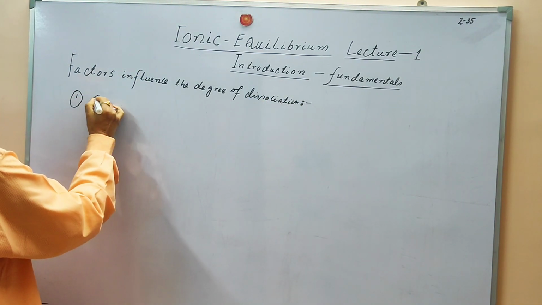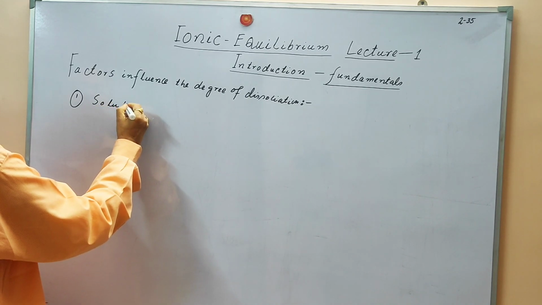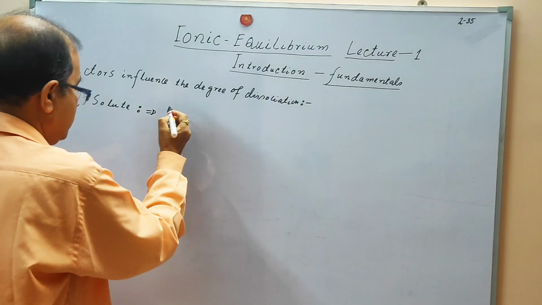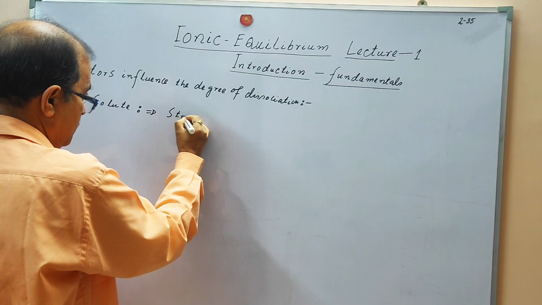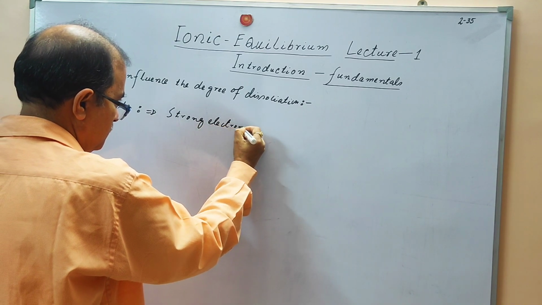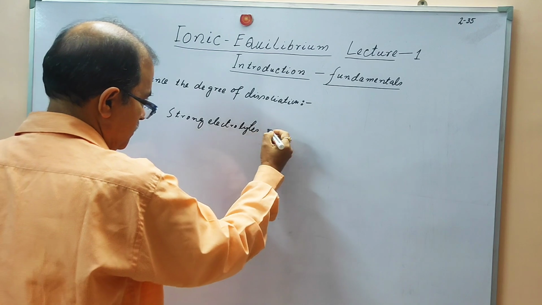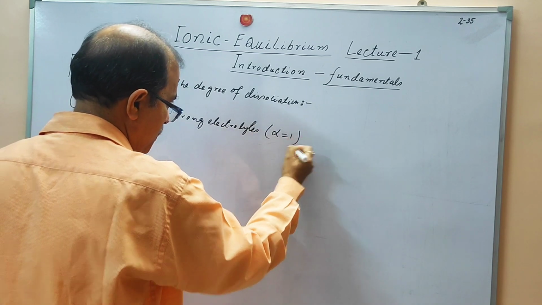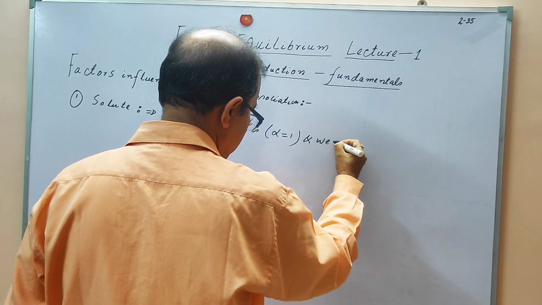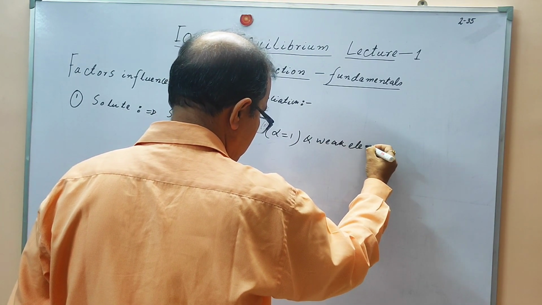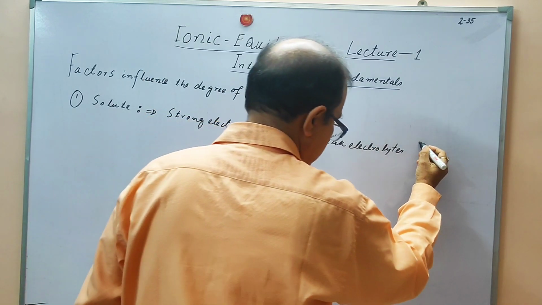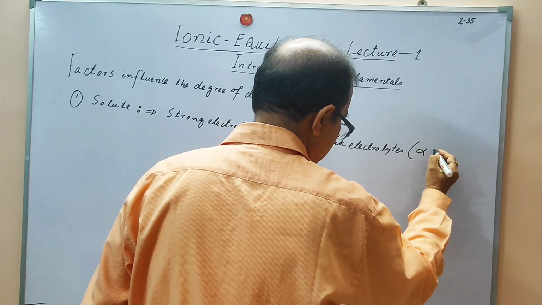First factor is the solute. Easily understood, when it is a strong electrolyte, it will dissociate much. For a strong electrolyte, the degree of dissociation will be alpha equal to 1, and for a weak electrolyte, alpha will be less than 1.